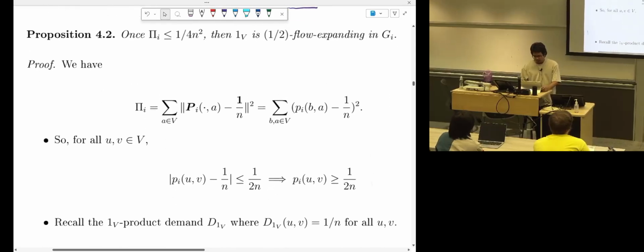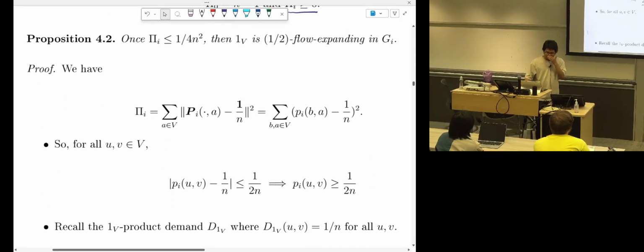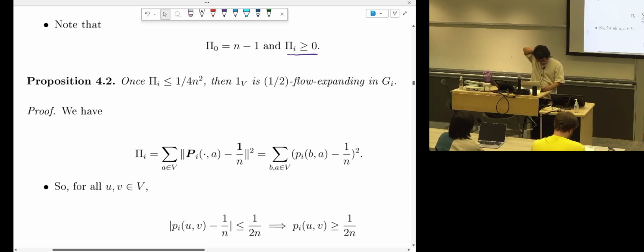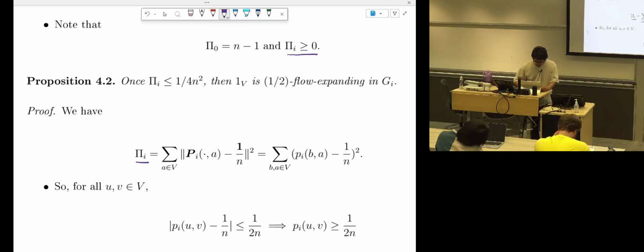So why is that? Because this potential, you can write it, instead of summing over all nodes, as a sum over all pairs of nodes. And this is just PI of BA minus 1 over n, squared.